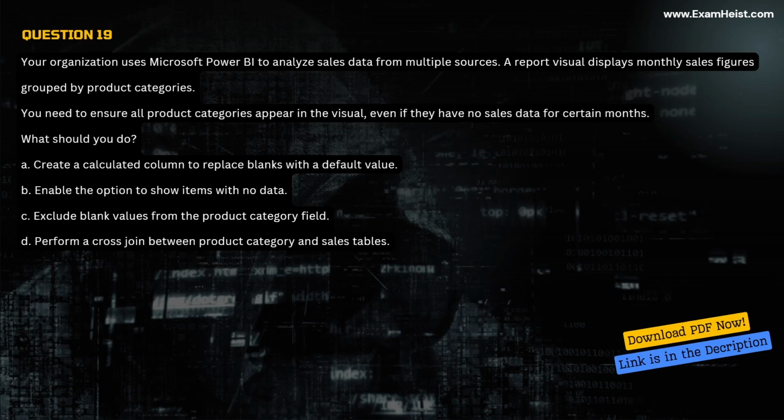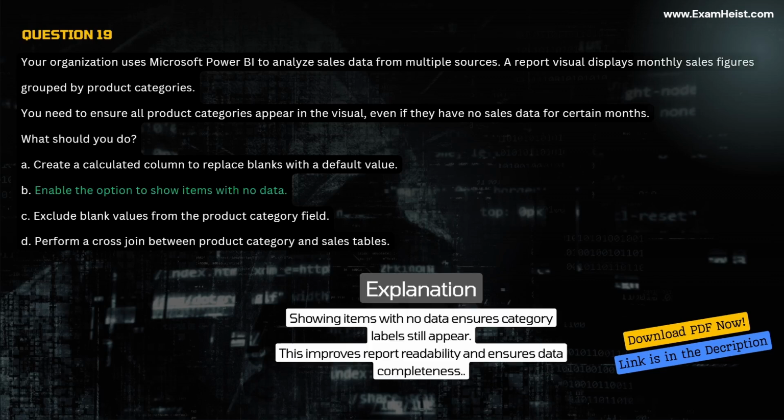B. Enable the option to show items with no data. C. Exclude blank values from the product category field. D. Perform a cross-join between product category and sales tables. Correct answer is B. Explanation. Showing items with no data ensures category labels still appear. This improves report readability and ensures data completeness.